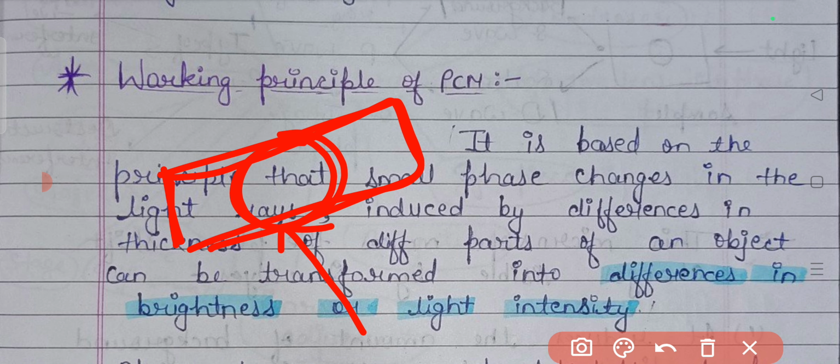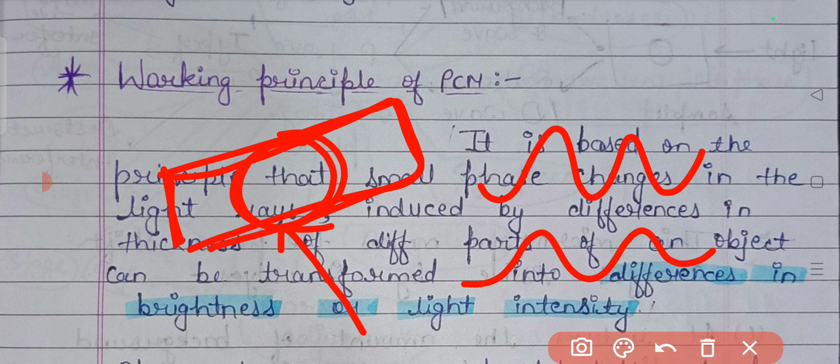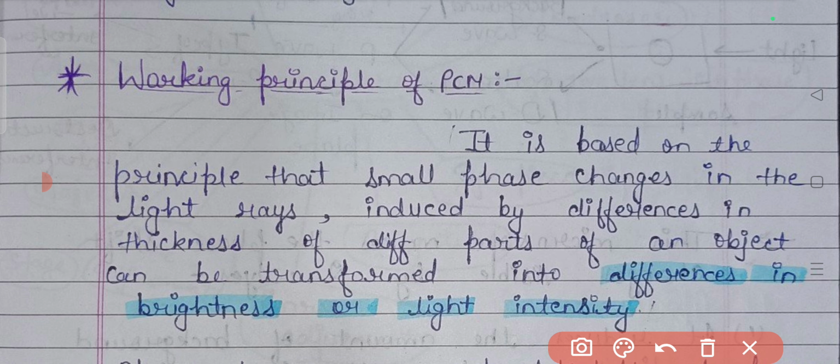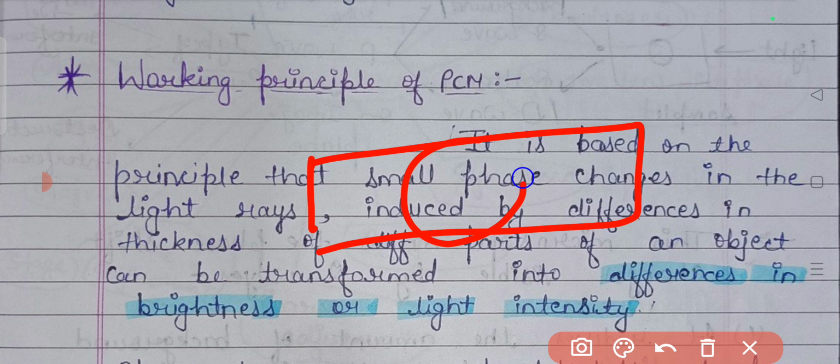Whenever we provide a light source, as we know, light travels in the form of waves. Light has different forms of wave mechanisms. Here it is your sample, and here we will observe two different types of light.